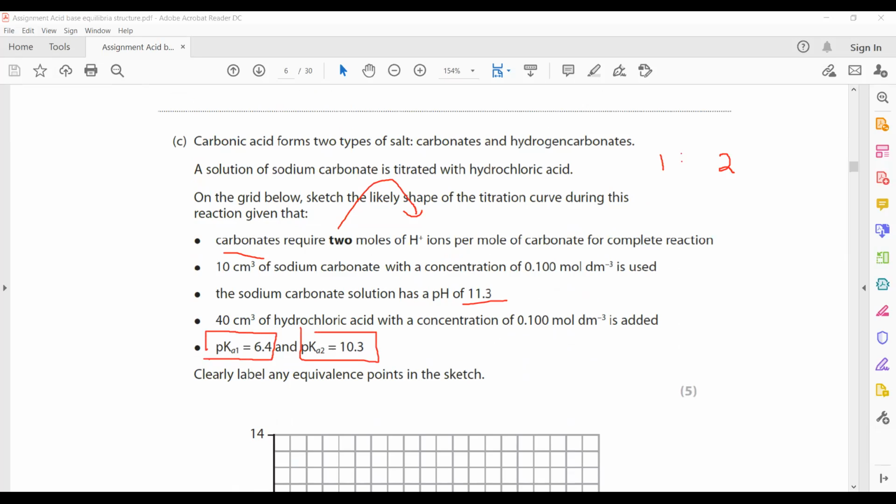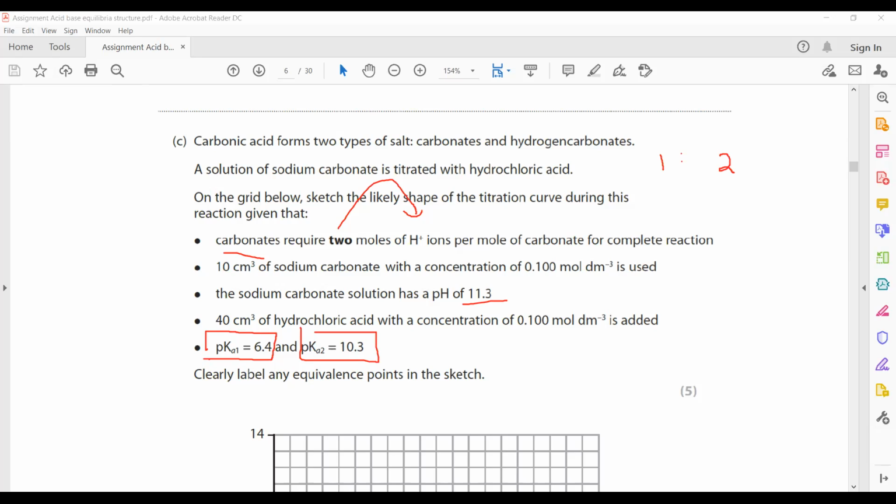So we start with the reaction between a weak base and a strong acid. Why? Because the pH is 11.3, so it is a weak base.